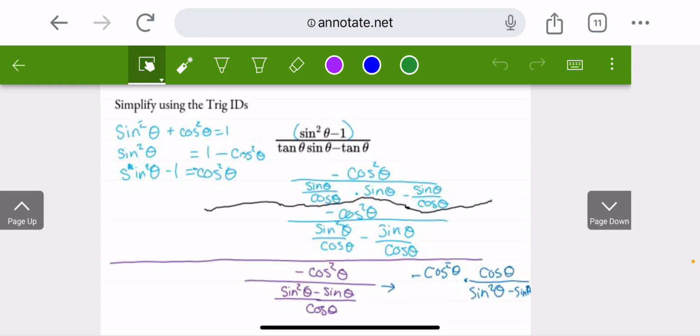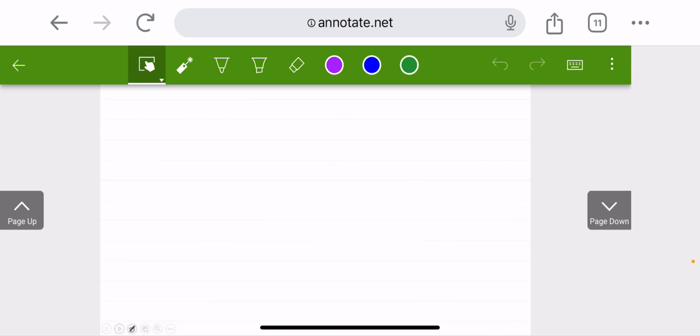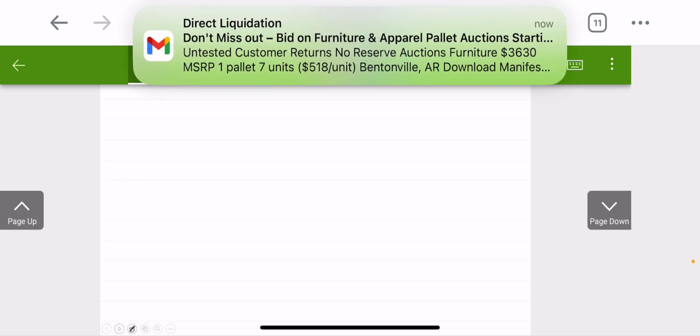Wait, what was the last thing you said? It says cosine squared of theta times cosine theta over sine squared theta minus sine theta. I'm going to write it again on the next page, bigger and up at the top, just because I'm out of space, so we can simplify a smidge more.